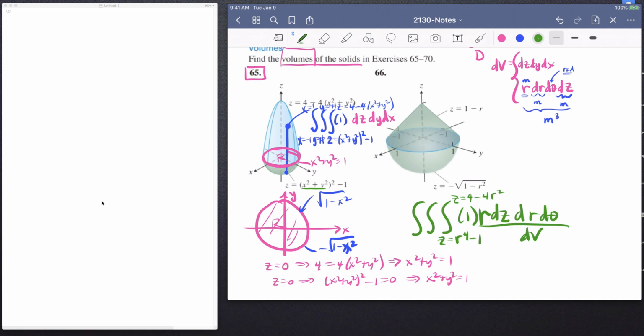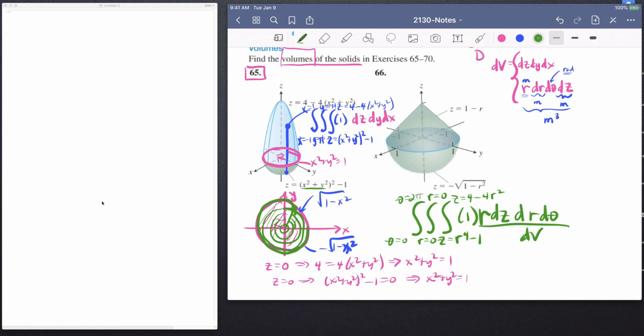The radius would go from 0 to 1. We can see this region being described in terms of circles of increasing radii, and then theta would go all the way around to make the whole region, so theta would go from 0 to 2 pi.